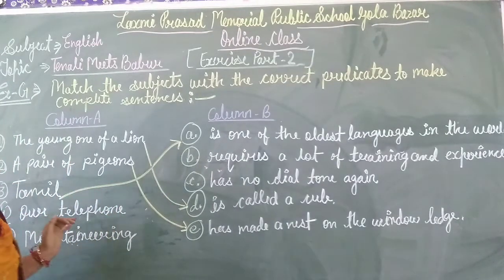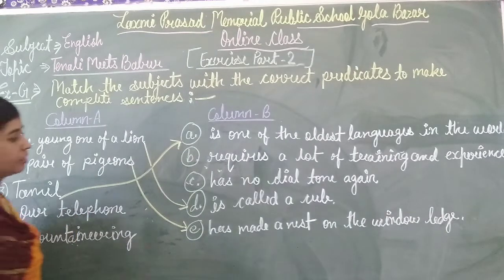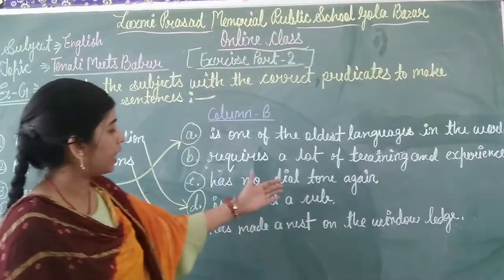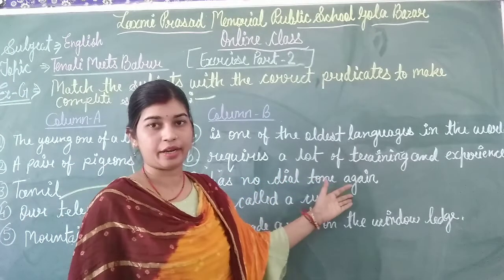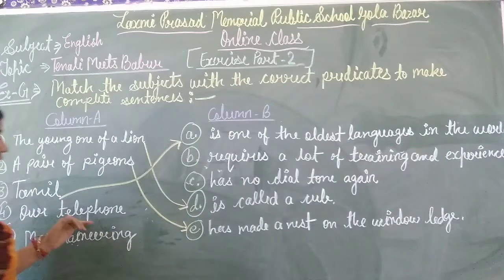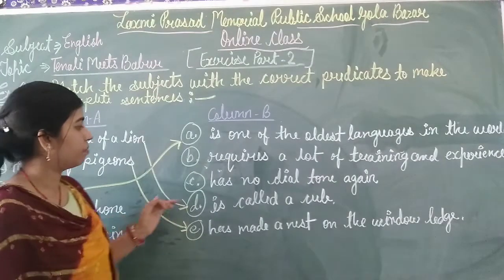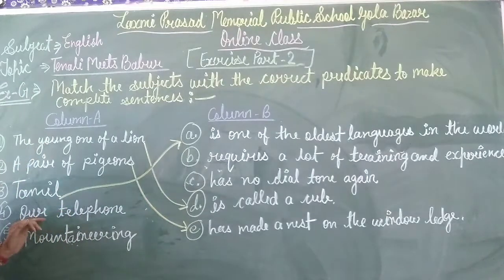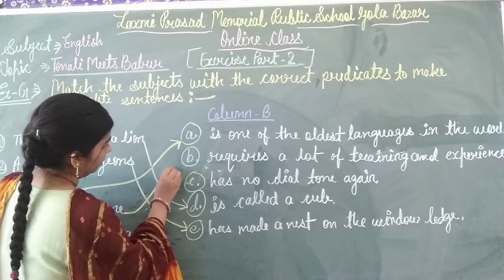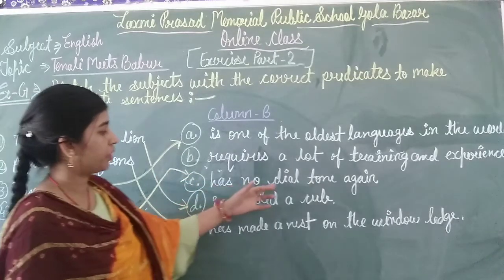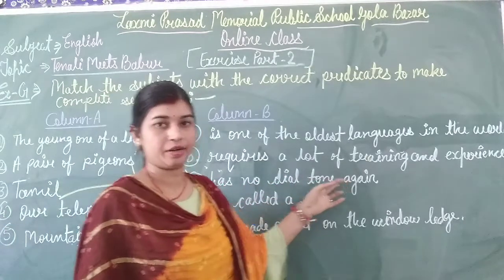Number 4, correct option is C. That is has no dial tone again. So number 4 will match with option number C. Our telephone, option number C, has no dial tone again.